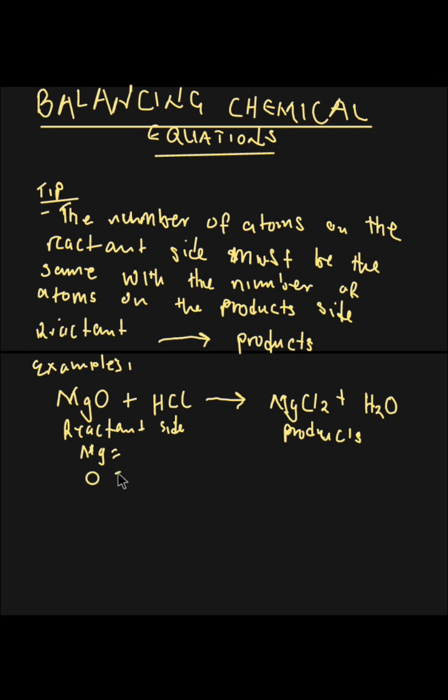You have oxygen, then you have hydrogen, then you have chlorine. So chlorine should come here at the bottom. Exactly what you have on the product side must also appear here, so you can just transfer all those elements there.